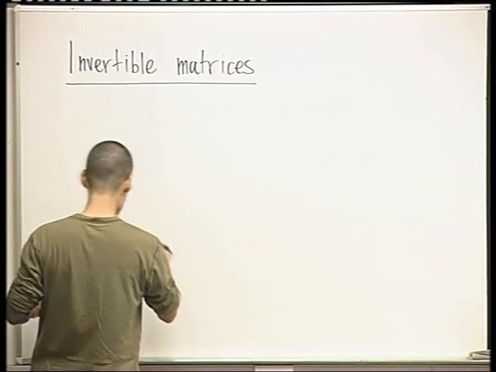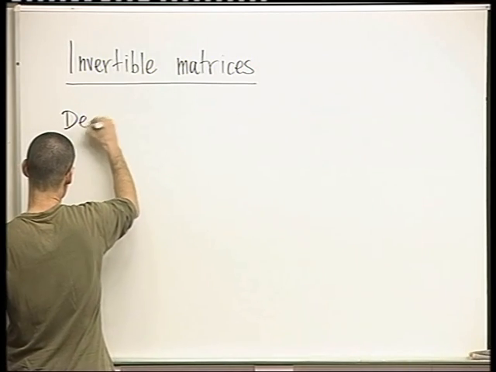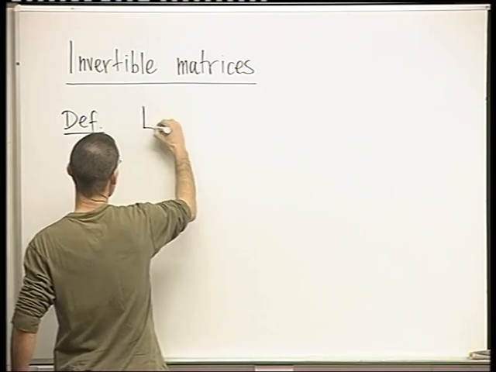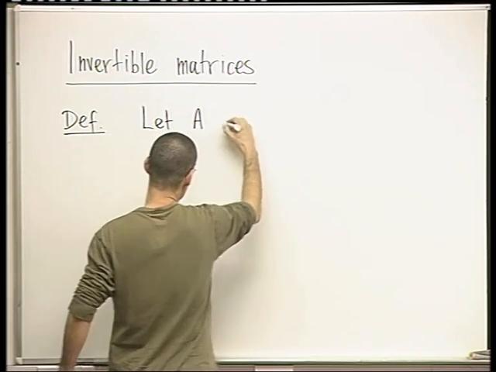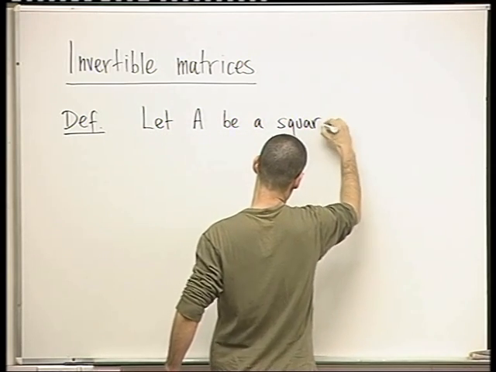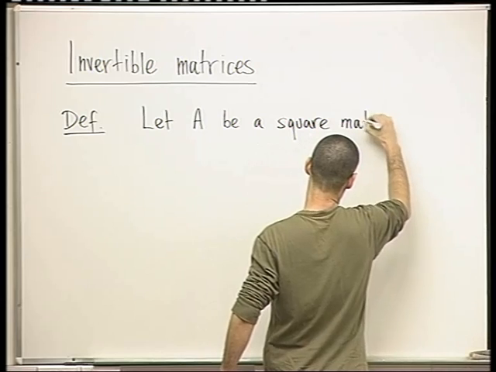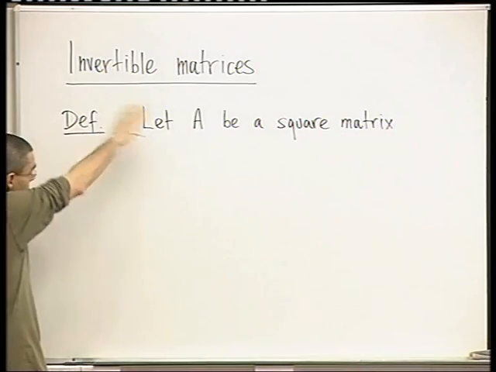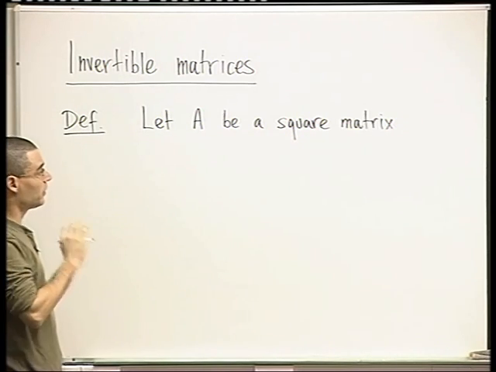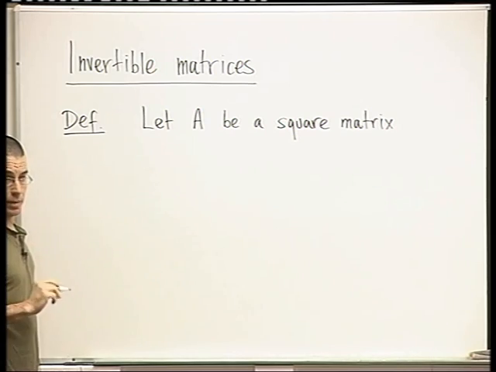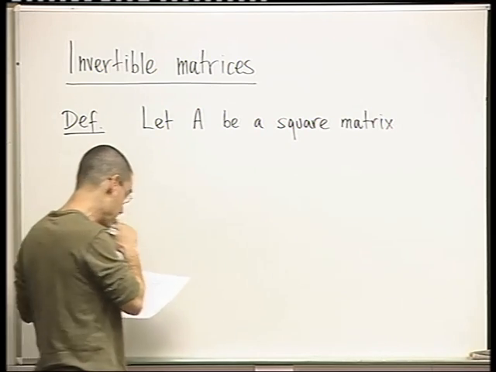So here's the definition. Let A be a square matrix. So all of this discussion is only going to relate to square matrices, namely that they have the same number of columns as the number of rows. Okay?